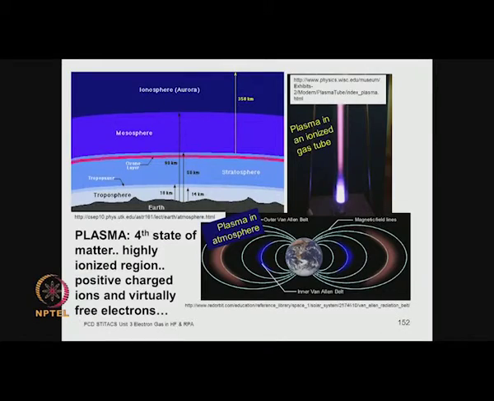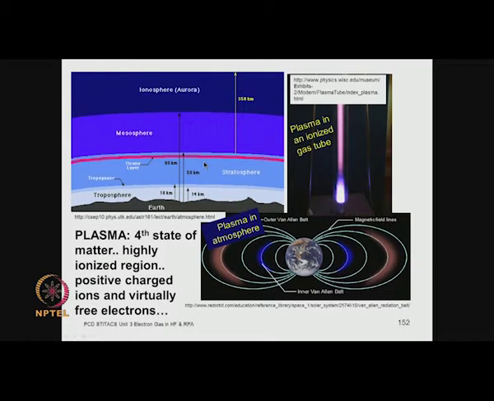A plasma is often described as a fourth state of matter. It is a highly ionized region as such. There are plasmas in ionized tubes, in gas discharge tubes, as one knows. There is plasma in the atmosphere, in the Van Allen belts, and in various belts of the atmosphere.